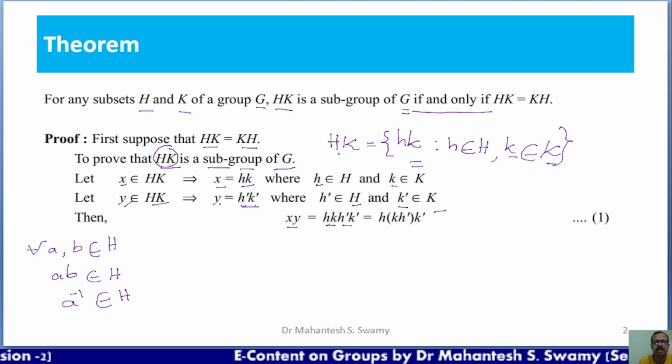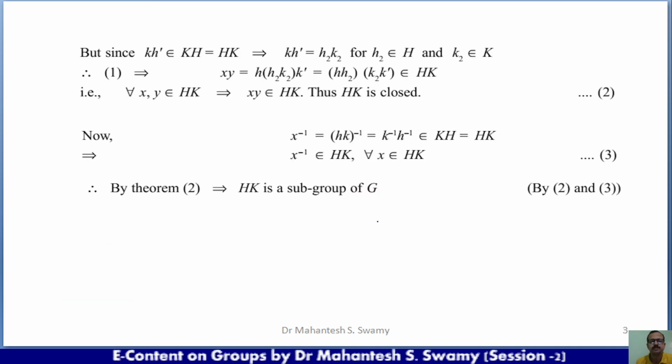Now, associativity property holds in G, therefore we can take a bracket for these two. So we have kept the first and last element outside the bracket, and within the bracket we have taken the middle two elements, this product KH dash. Now, see KH dash, what type of element is KH dash?